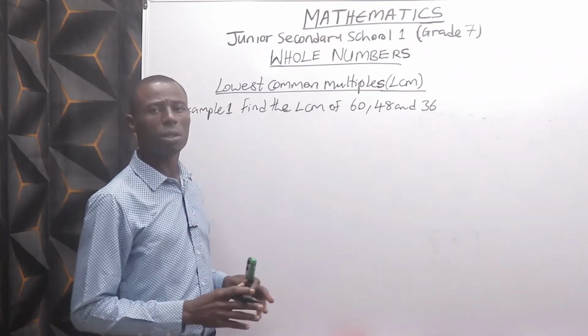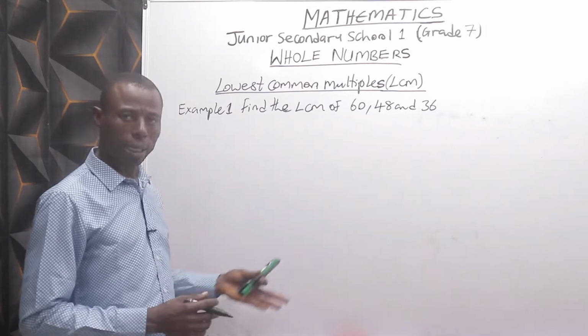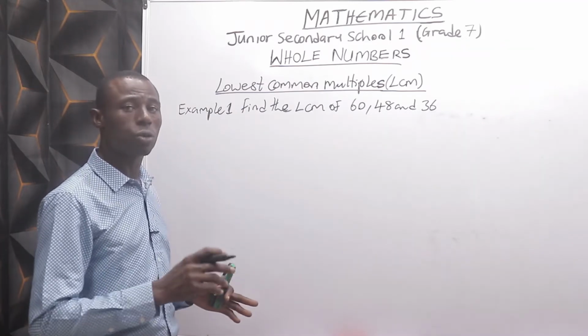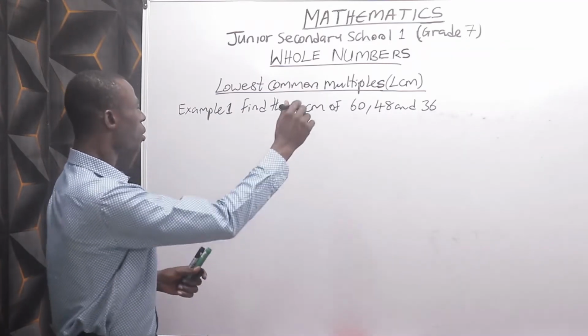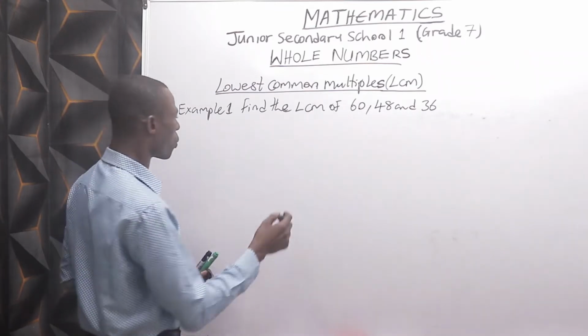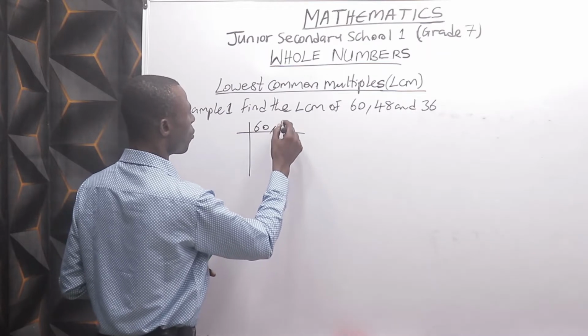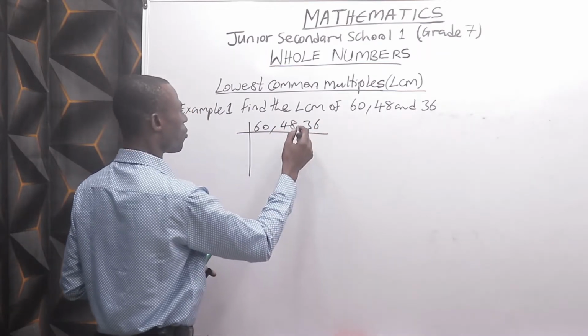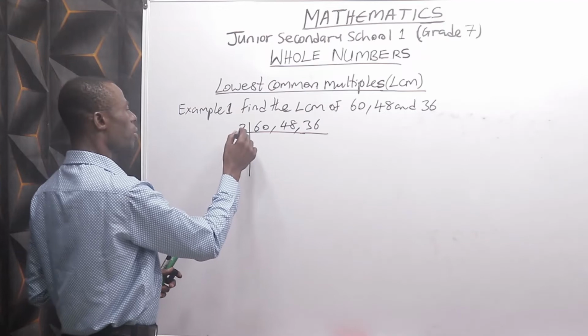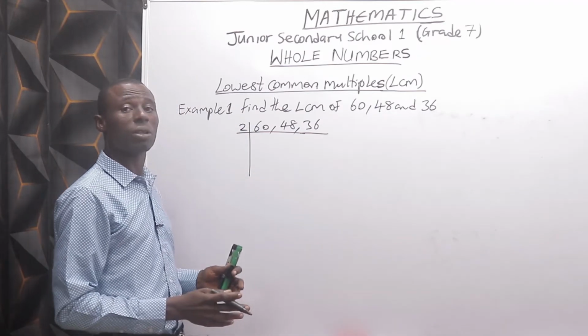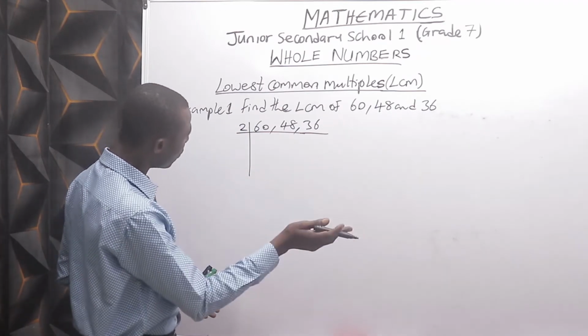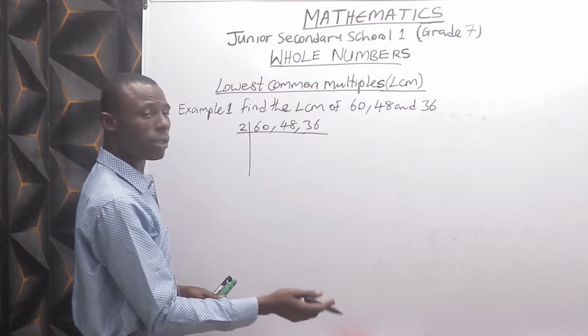There are two methods we can employ, and I'm going to teach you the two approaches. Number 1 is the long division approach. In the long division approach, you write the numbers involved, then you divide by any available factors that could divide either all of them, or one of them, or two of them.